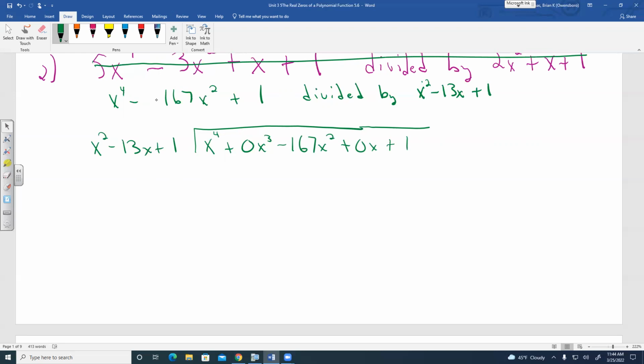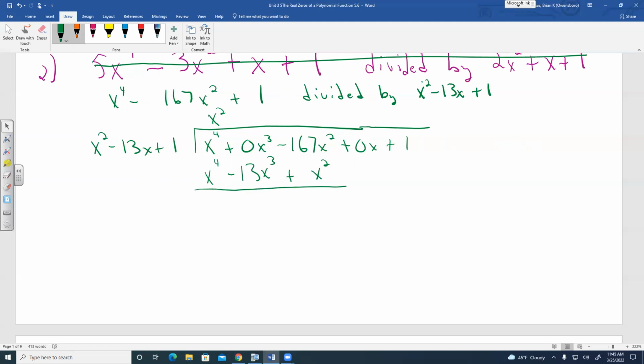So again, we do the same thing. X squared times what gives me x to the 4th? An x squared would work there. Then we multiply this x squared to our divisor. So it's going to be x to the 4th minus 13x to the 3rd plus x squared. Make sure you line up your terms correctly. That looks okay.